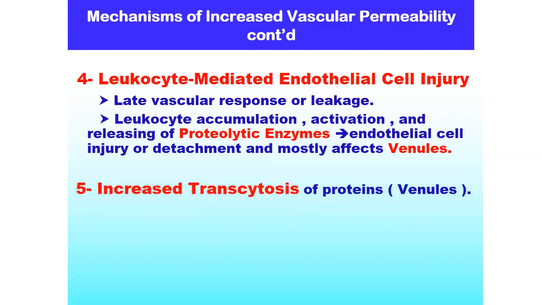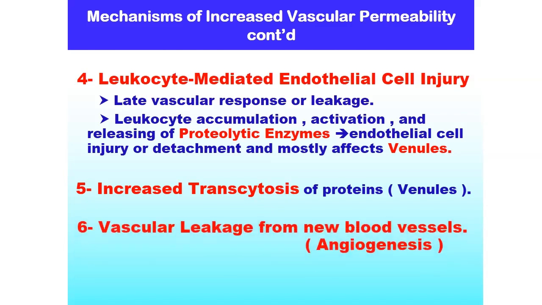The fifth mechanism is increased transcytosis of proteins by formation of channels within the cytoplasm to transport the proteins and fluid, and it mainly occurs in the venules.